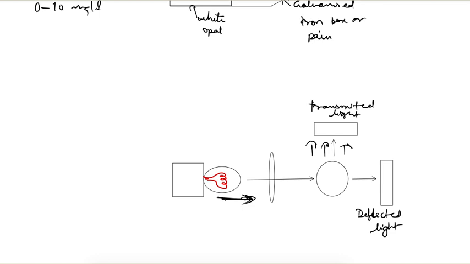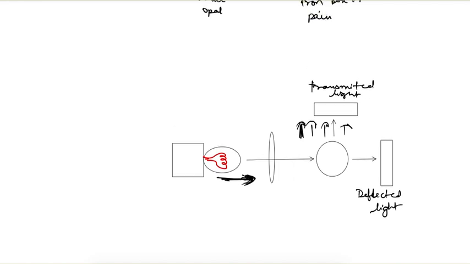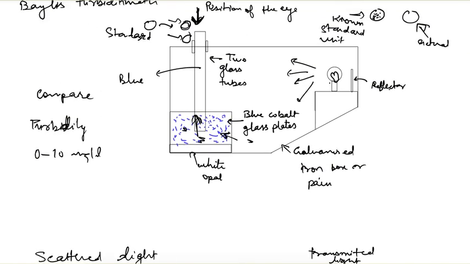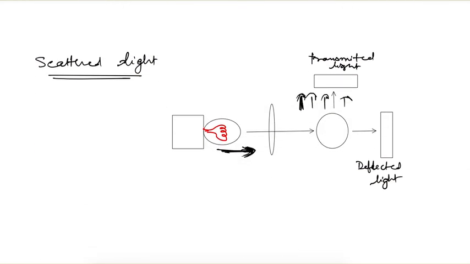Here we measure the turbidity where the light is going in this direction, but we measure it at a 90-degree angle to the incident light. That is, here we are measuring the scattered light, whereas in the last observation we were observing the direct light which was going in the same direction from the source, or line of the source.